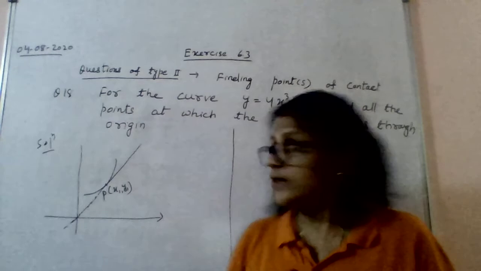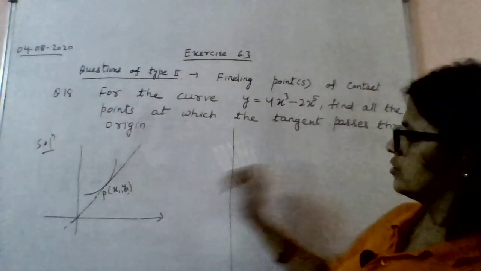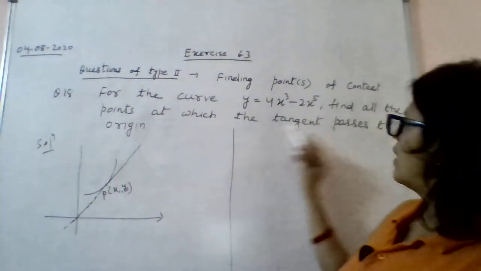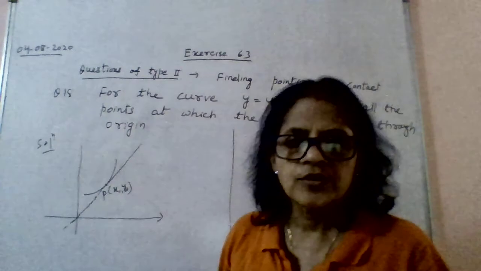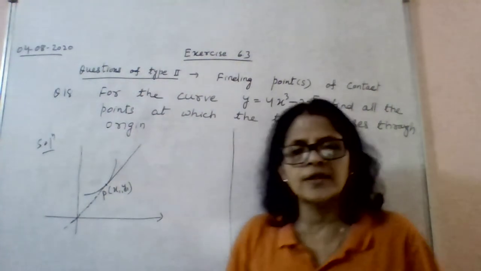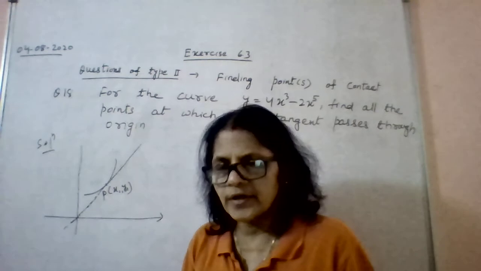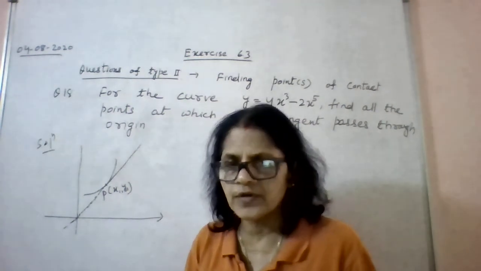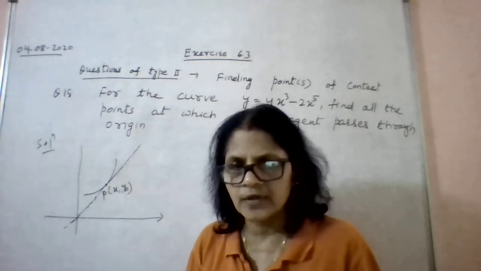So basically we need to get the point P. The condition given is that the tangent passes through the origin. So when the tangent passes through the origin, it means the origin (0, 0) should satisfy the equation of the tangent. To get the equation of the tangent, we need the point of contact also.